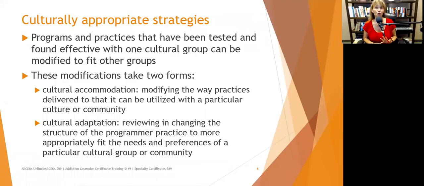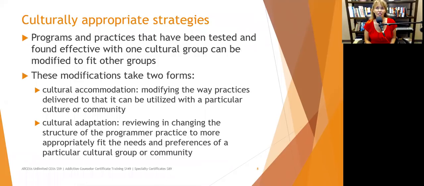Modifications can take two forms. Cultural accommodation modifies the way the practices are delivered so that they can be utilized with a particular culture or community. So cultures that don't feel comfortable sharing their stuff in front of strangers may prefer more individualized activities, or may prefer online activities where they're able to maintain more anonymity.